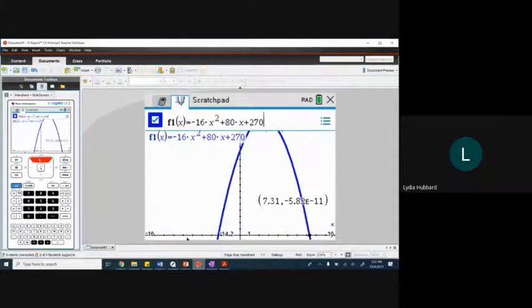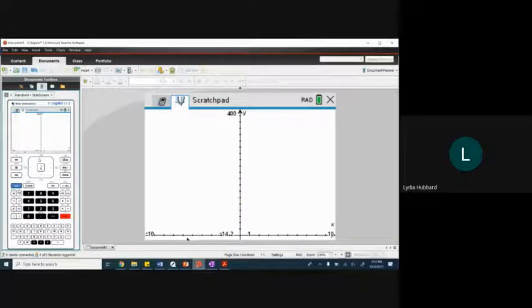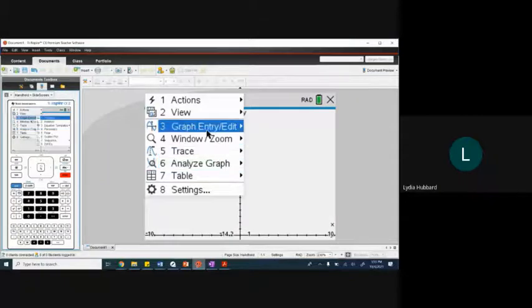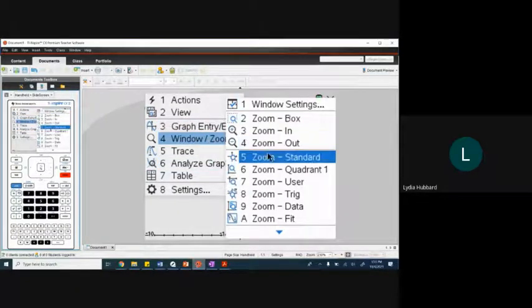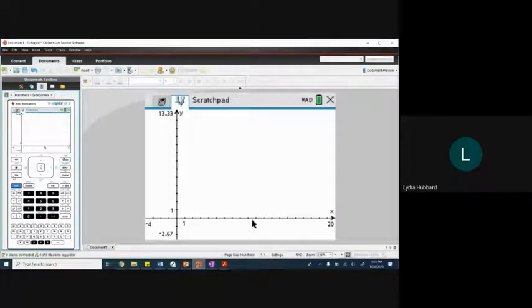I'm going to put this equation away, and I'm just going to put it in as factored form to show you that we can, in fact, type it into our calculator as factored form. So 30 plus x times 500 minus 10x. And it'll graph that. Oh, it disappeared. Where did my graph go?